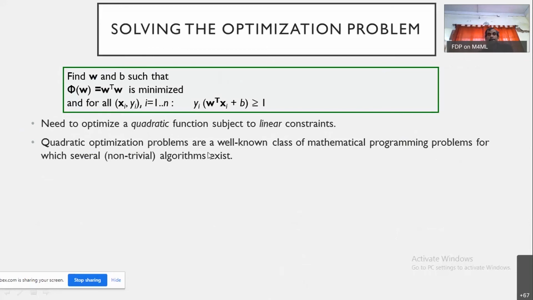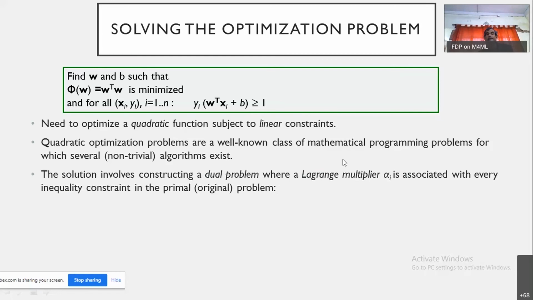So this is nothing but maximizing this value under certain constraints. What are the constraints? It has to pass through those boundary points as support vectors. So those are the linear constraints. Basically, it's a quadratic optimization problem, one class of mathematical problems, having linear constraints.